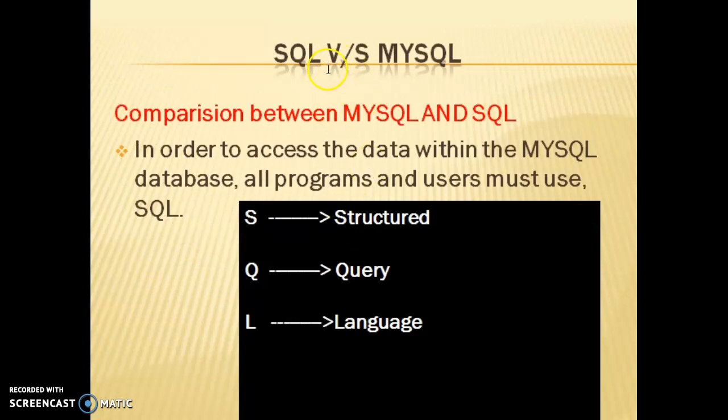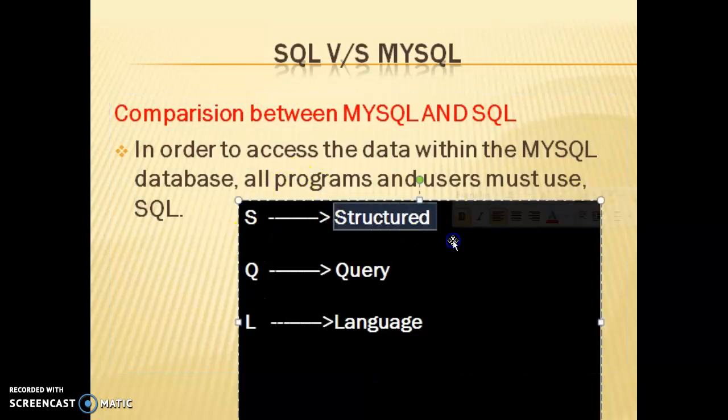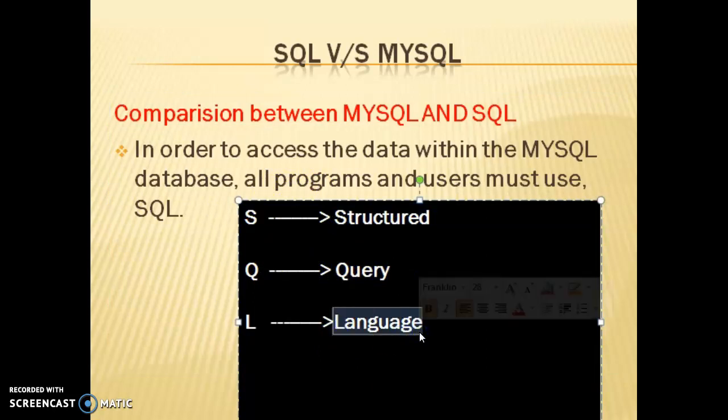Now we are going to see the difference between SQL and MySQL software. In order to access the data within the MySQL database, all programs and users must use SQL. What is the full form? S is structured, Q is query, and L is language.